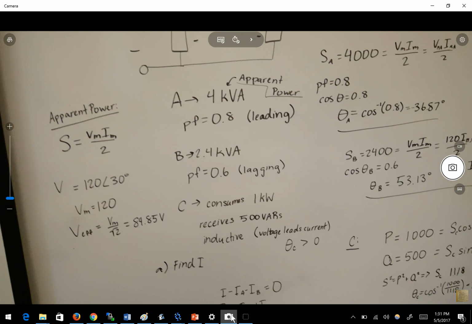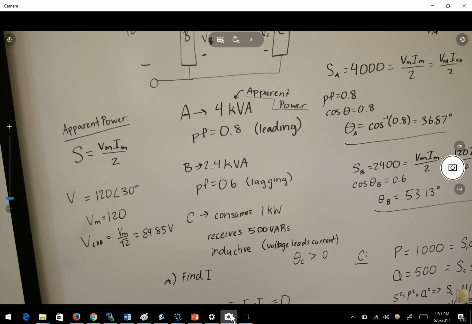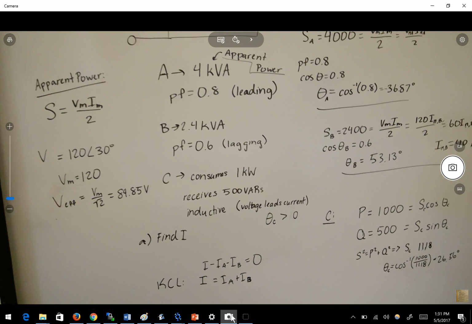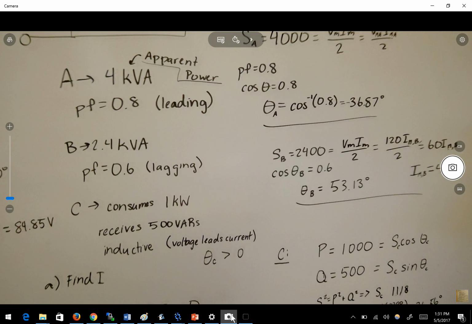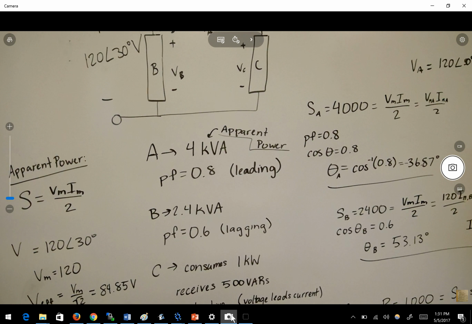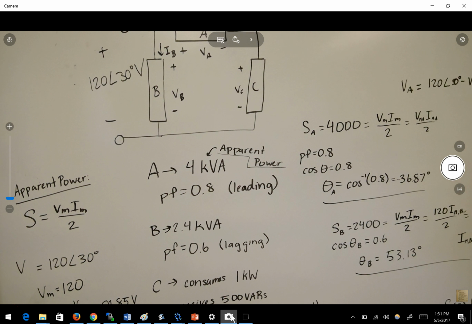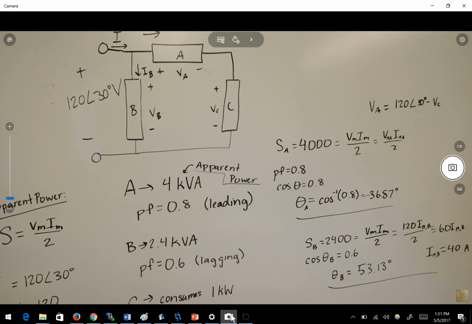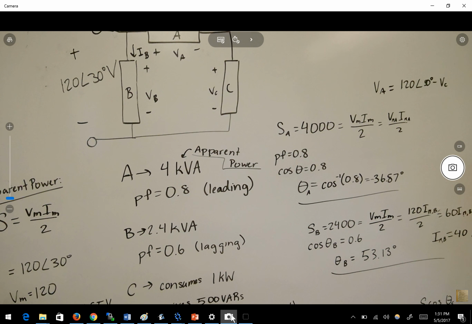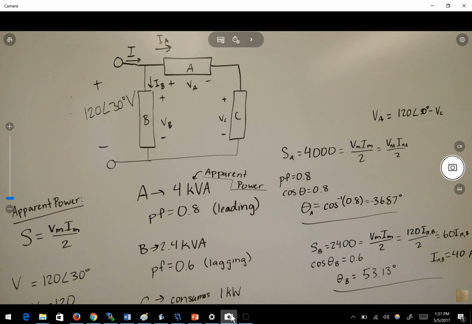So the thing is, once you get the, how do we do this? Once we get the power, let's see. So we have Z Thevenin. Can we check that?